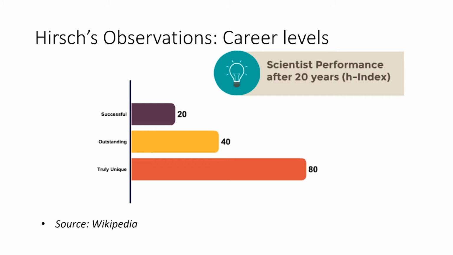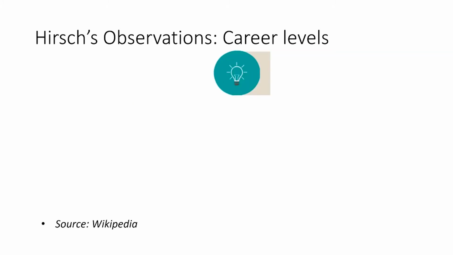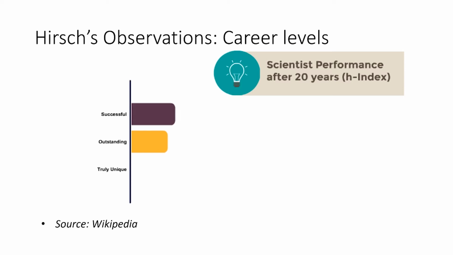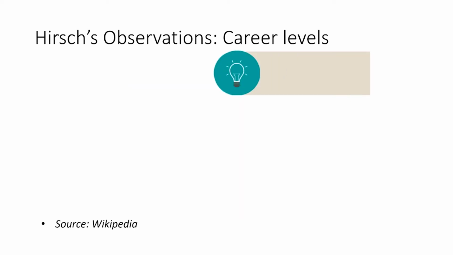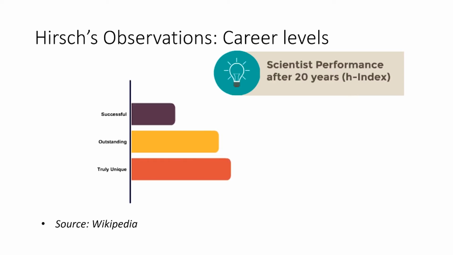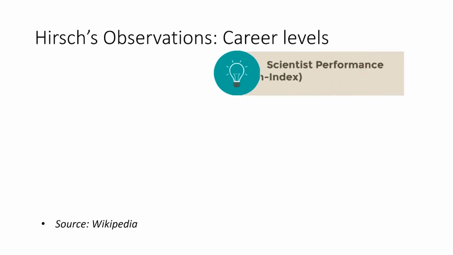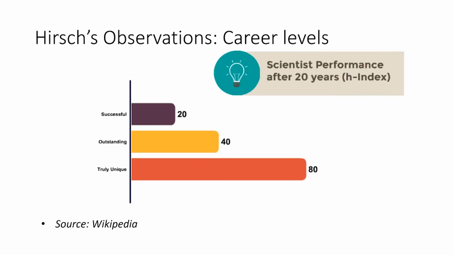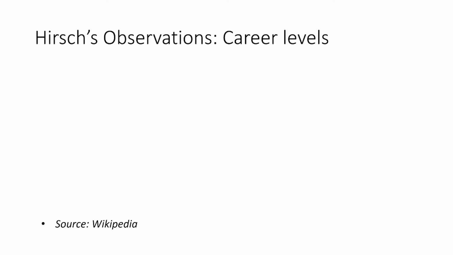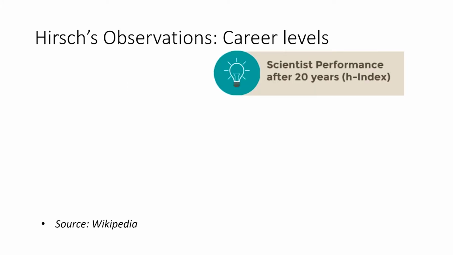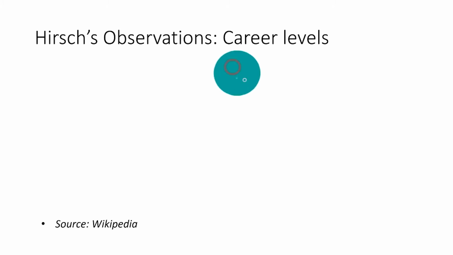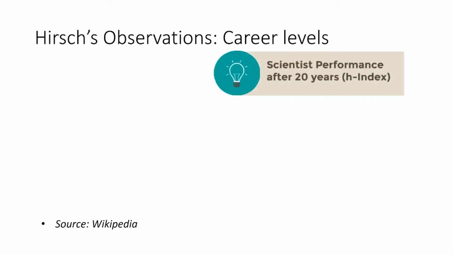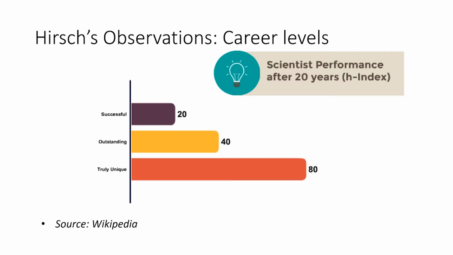If it is 40, outstanding. And if it is 60, truly unique. So this table we have taken from the Hirsch work from Wikipedia. But just to summarize, as we have discussed earlier, if H index is greater than the number of years of experience, it means the researcher is really unique and outstanding. So let us elaborate this thing.